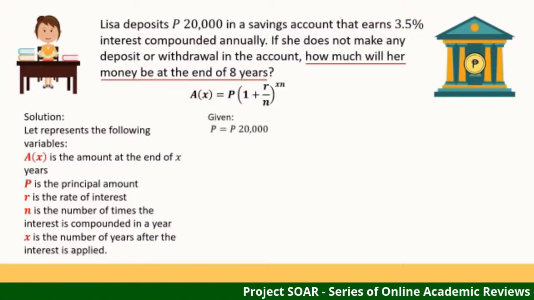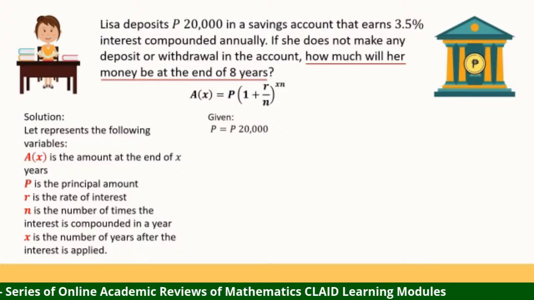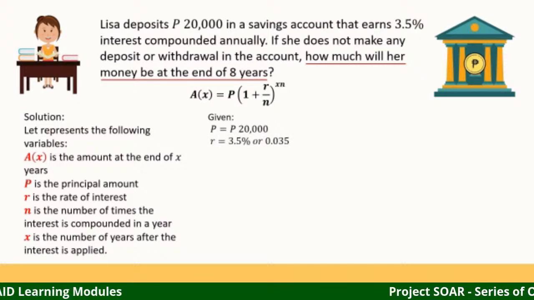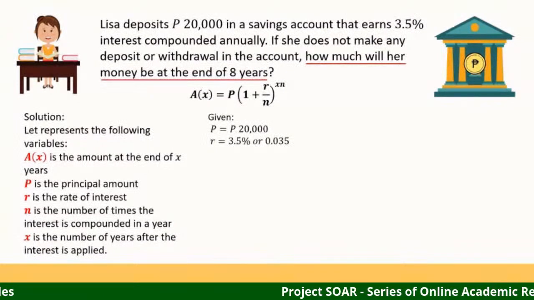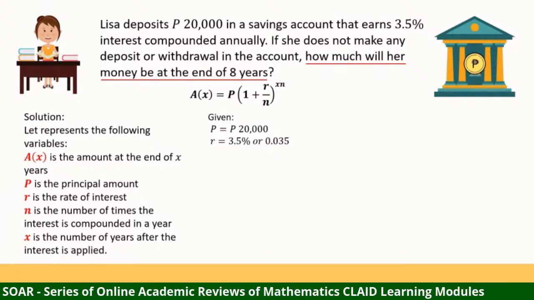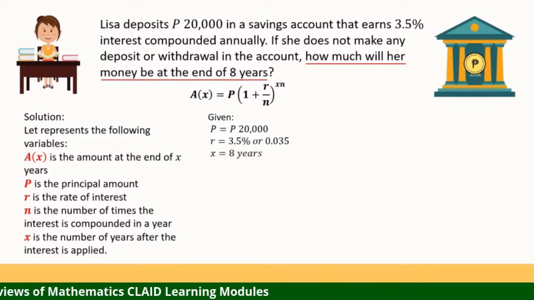We have P is equal to 20,000. So meaning, ang principal ay ito yung initial value na dineposit mo sa saving account ni Lisa. And R is the rate, which is 3.5% interest. Okay, so i-convert natin siya sa decimal, which is 0.035.